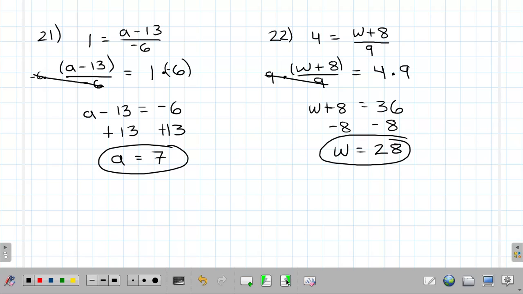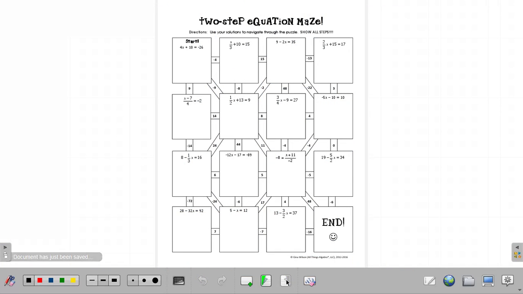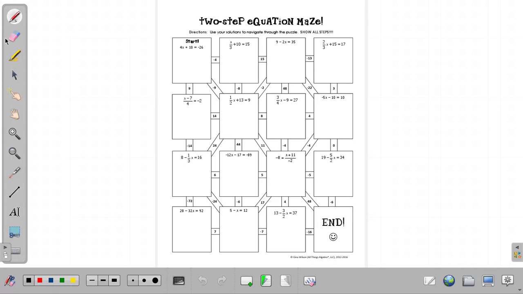Okay, so give you a couple seconds and here we go. Here's the solution. So here's the 2-step equation maze. So in order to solve this, I'm not going to go through and work every single one. This video is already too long as it is. But in this case, I'm going to highlight for you the path that you need to go.